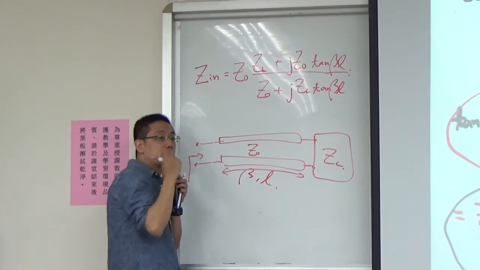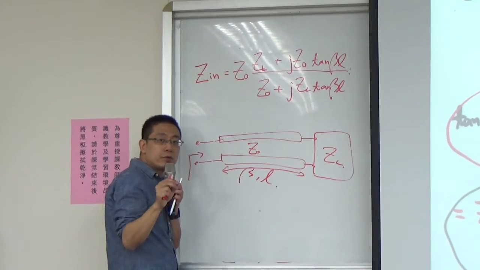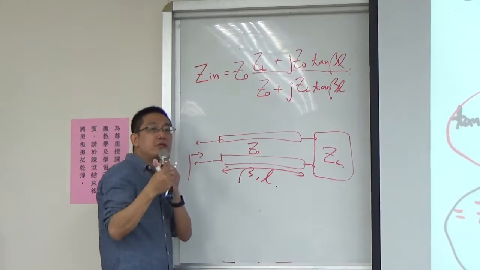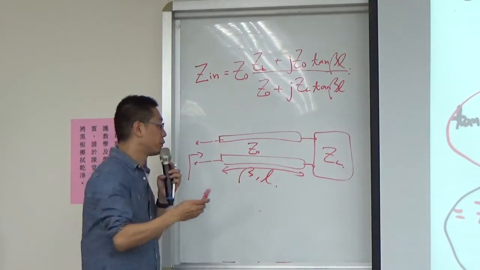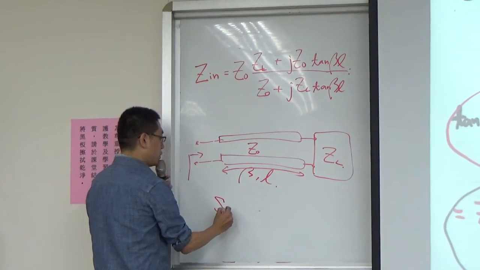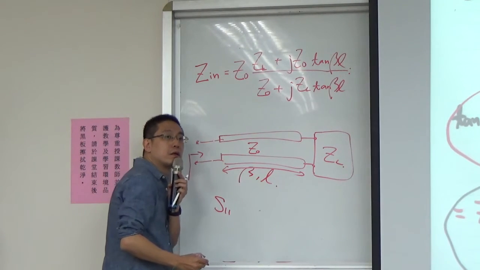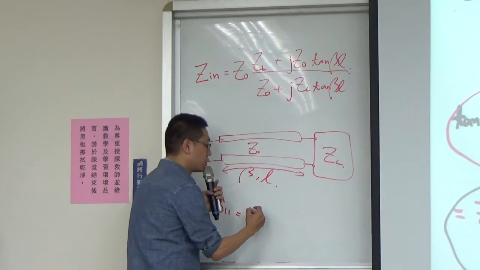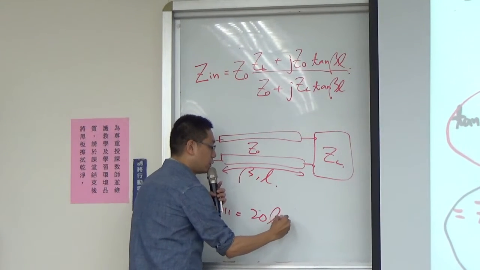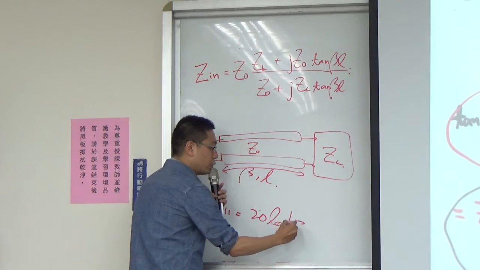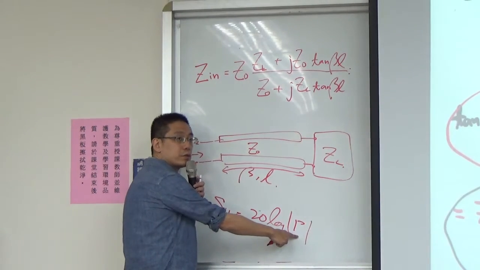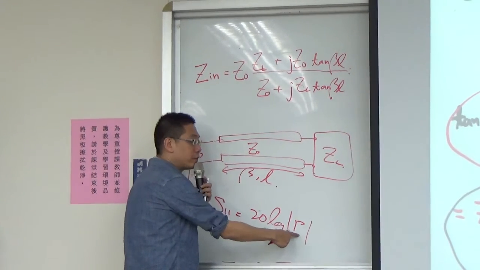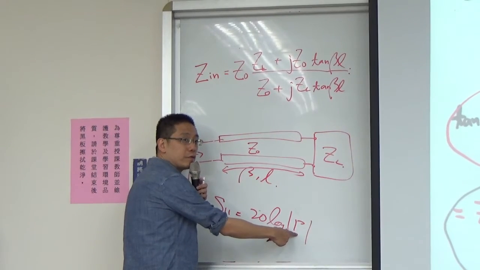If you use the VNA to measure your circuit, your S11, you measure S11 as 20 log of your magnitude, your absolute value of the reflection coefficient.